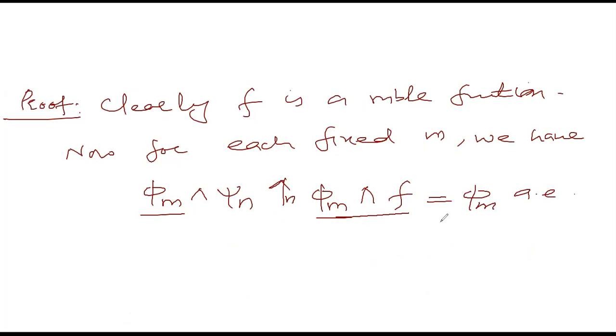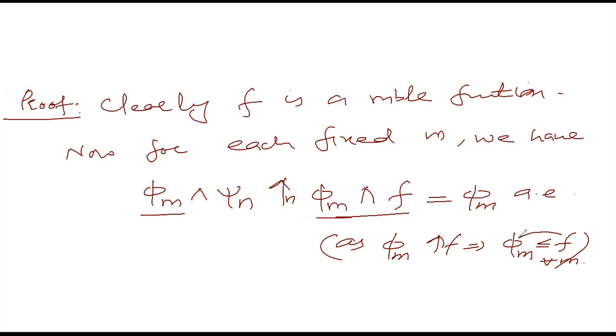Now why is this meet phi m? Because phi m is an increasing sequence and its limit is f, so phi m is less than or equal to f for all m. This is always less than or equal to f, so their minimum value will be phi m.